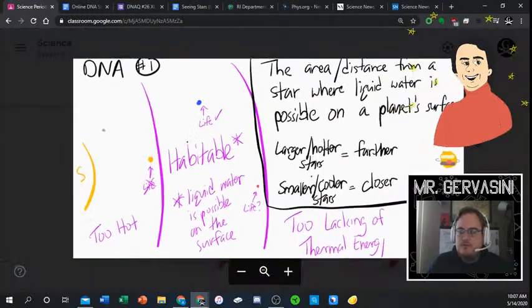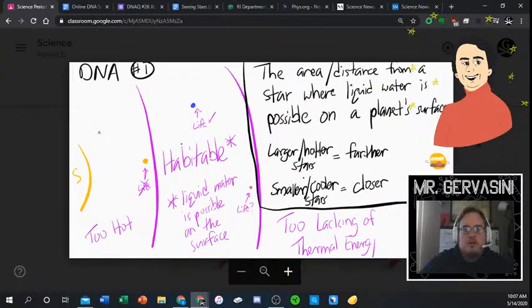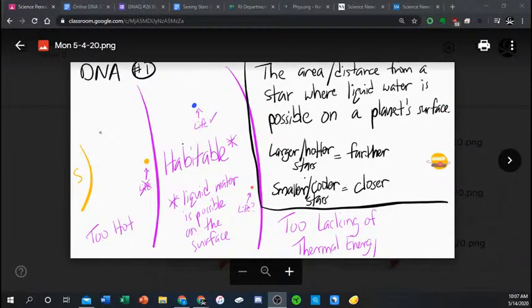I'm trying to figure out a good zoom. The habitable zone of a star is the area or distance that you extend from the star where there's enough radiation to have liquid water on its surface. That's also a key right there, that a planet has to have a surface. You can't really just have a gas giant with life on it.